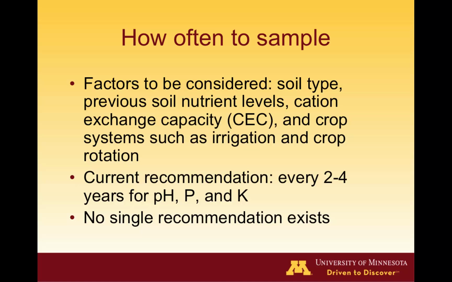The current recommendation is every 2 to 4 years for soil pH, soil potassium, and soil phosphorus. There's no single recommendation that exists, so it all depends on the different factors that you need to consider. The soil sample frequency can be as high as per season or per year.